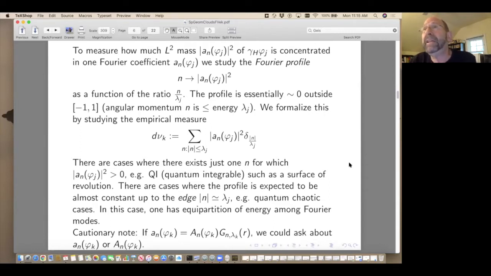And Aurich and Steiner graphed this kind of Fourier profile. This was my entree into the subject in some sense. They graphed the Fourier profile and came up with the hypothesis that, as I say in this cautionary note, they really studied the capital A_n's, because these g_n's would be spherical functions and they're kind of irrelevant.